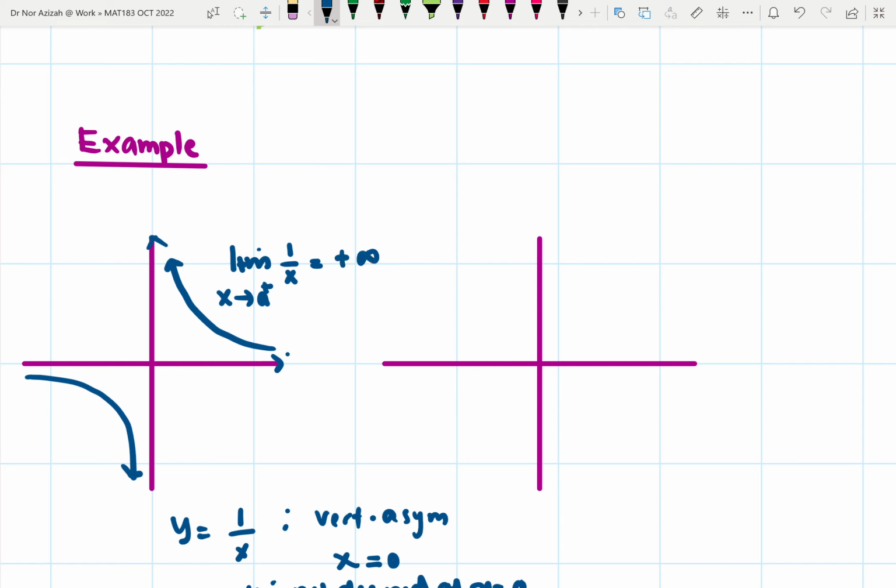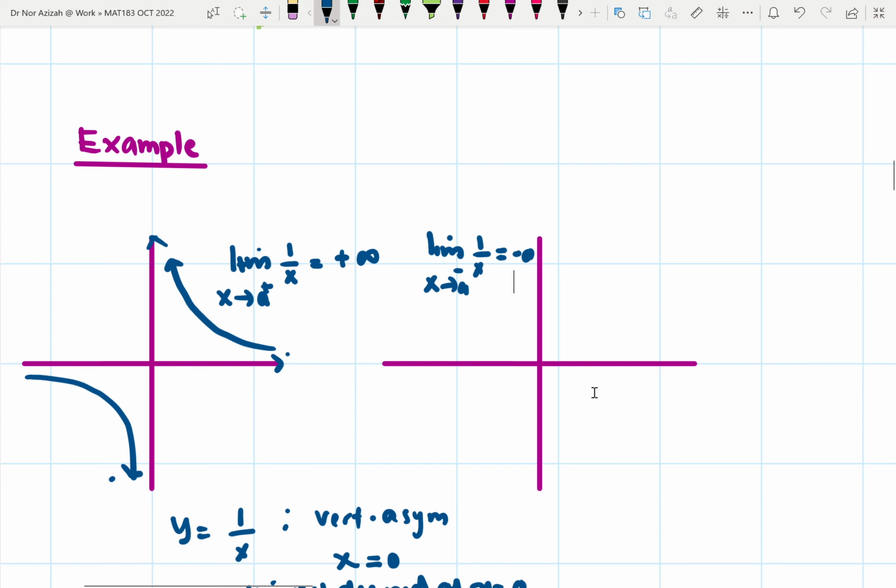Okay, and then the limit of f(x) when x goes to a from the left-hand side equals here negative infinity.